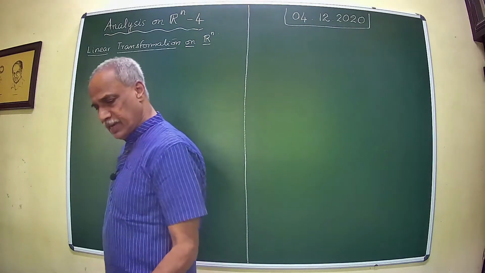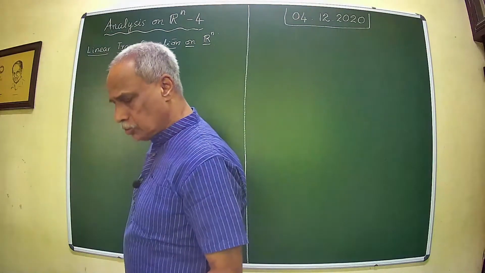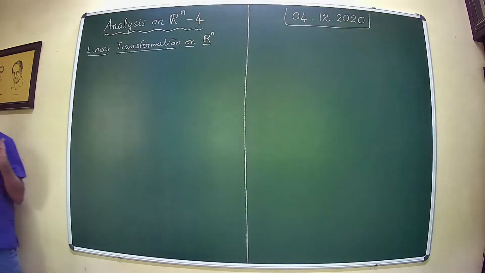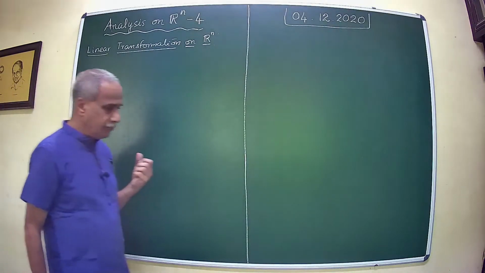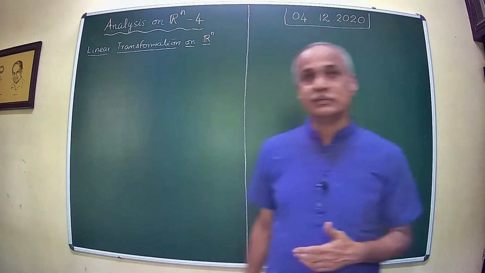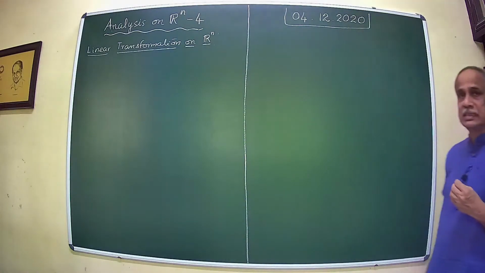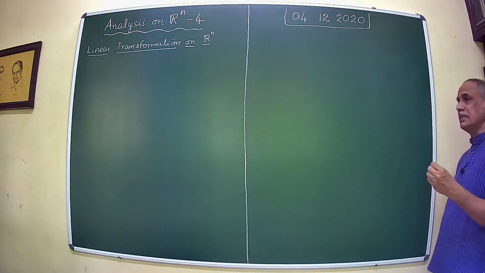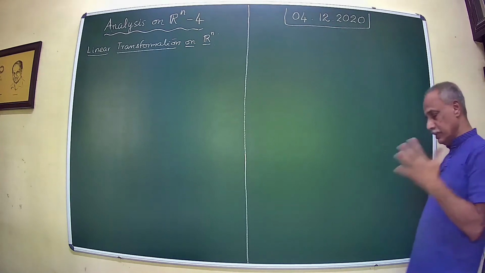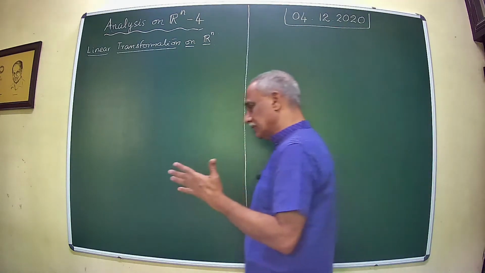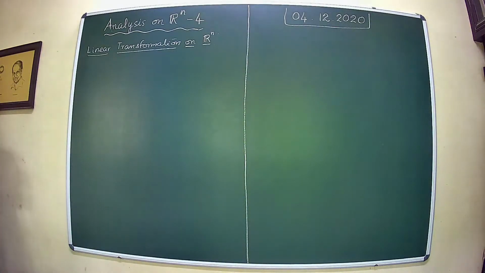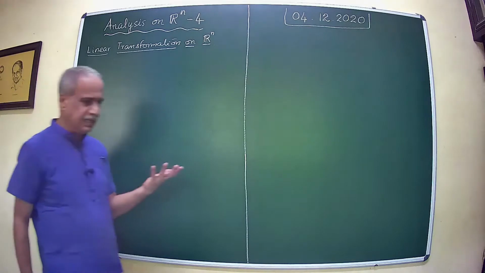We also said that once you have a basis of Rn, if we fix the images of the elements in the basis under the linear transformation, then it is completely fixed.